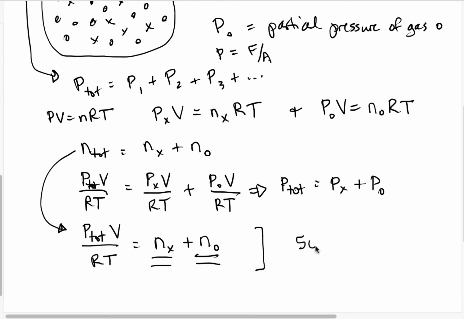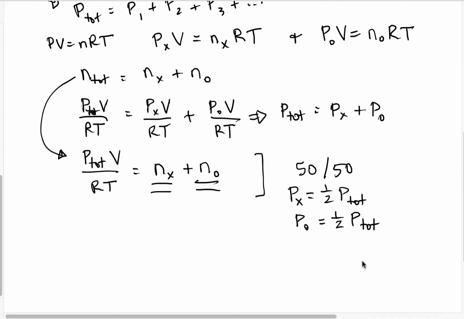If I have a 50-50 split here, where half of the mole particles are gas X and half of them are gas O, then that means that my partial pressure for the X is going to be half of the total pressure, and the partial pressure for gas O is also half of the total pressure, right? Depending on how much of each of our gases we have, that's going to determine what fraction of the total pressure is made up of each of our individual gases.